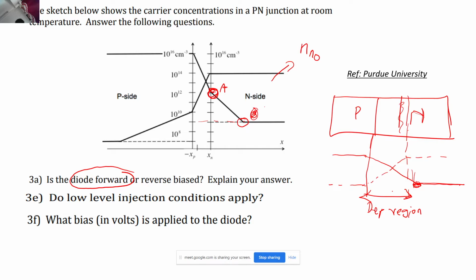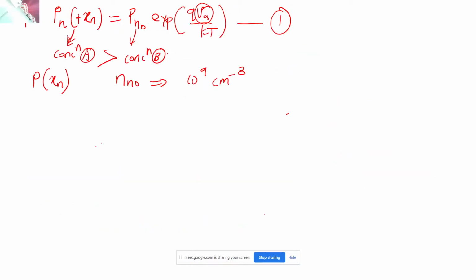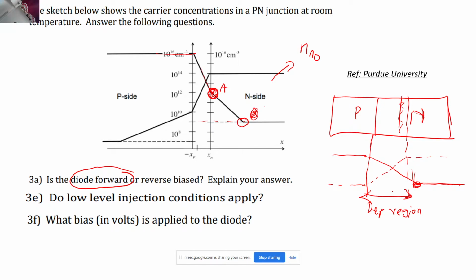And let me check the hole concentration. It started from 10 to the power 16, then it came down and we have reached over here. So it's around 10 to the power 12, so this P at x equal to Xn is around 10 to the power 12, correct? What do you guys think, whether this is a low level injection or not?